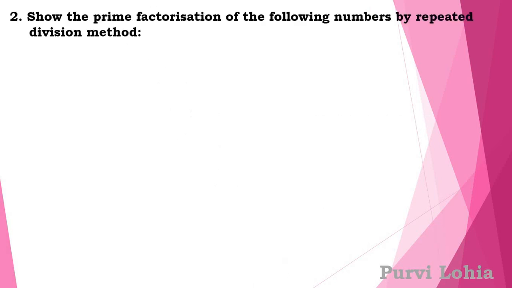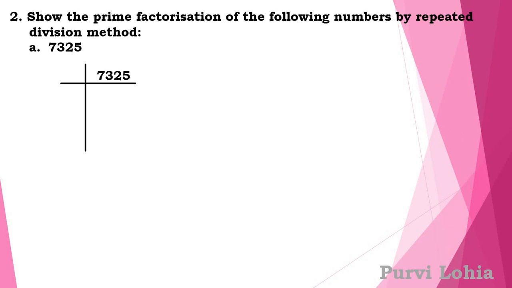Next question. Show the prime factorization of the following numbers by repeated division method. Now you have to use the repeated division method. So the first question is 7325. So you will write the number, make a line beside it, make a line below it, and then you will divide it by the smallest prime number possible.